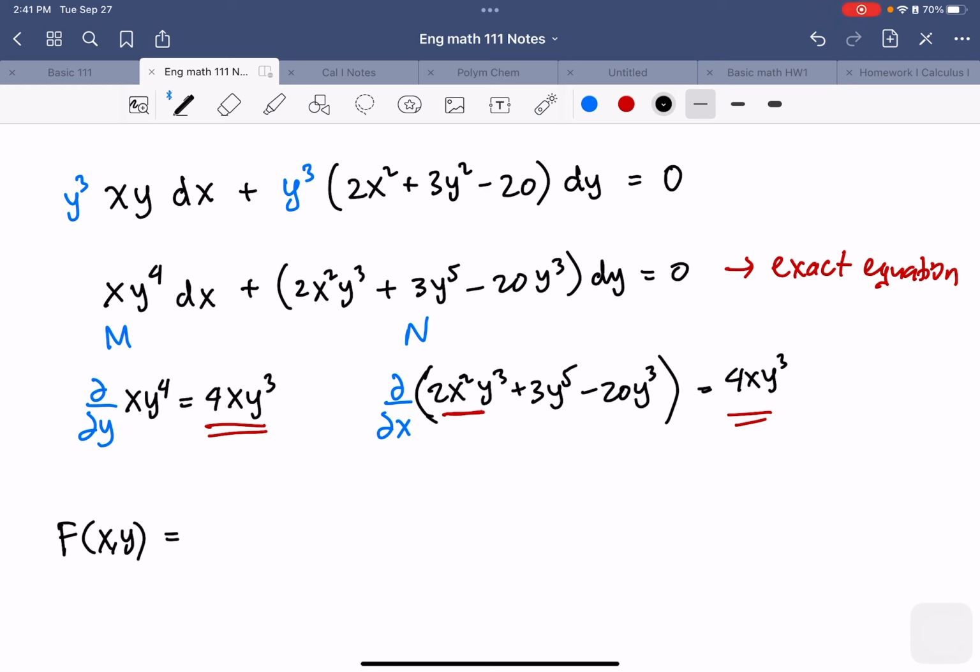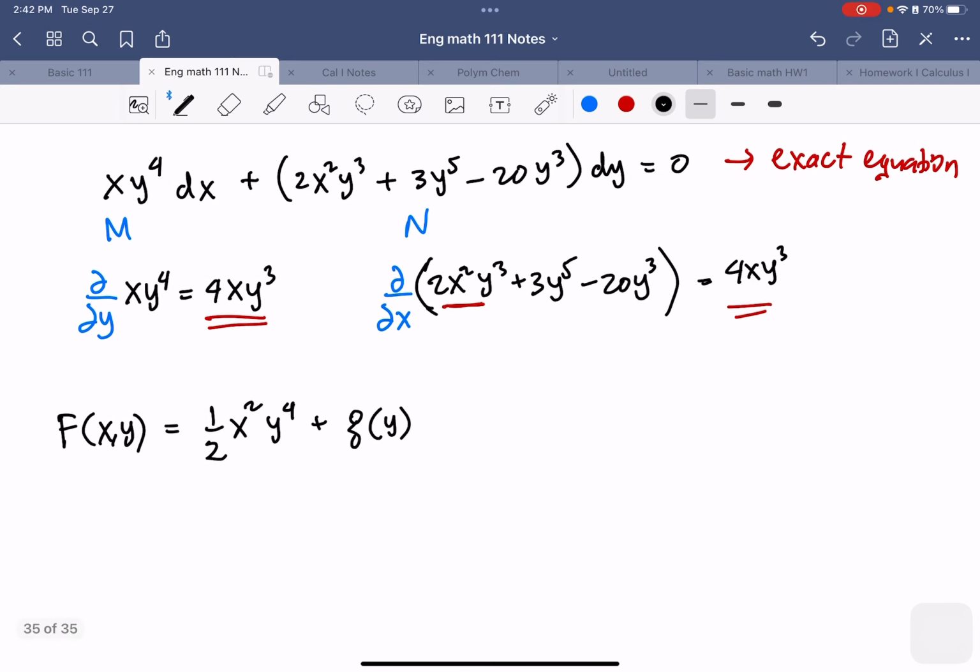We are going to integrate xy to the power of 4. This will be half x squared, right? Half x squared y to the power of 4, and then we have another function g of y.